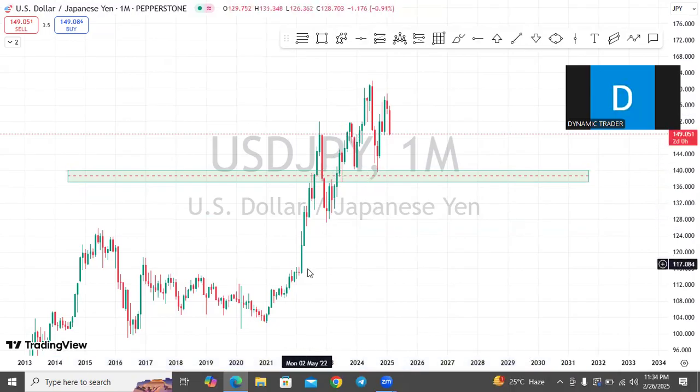So this line now is acting as support and resistance as well, because it resisted price here, it came down, then later broke above it, came below, formed another resistance here, came below, then broke above and made a retest here. So you can see the number of times the market touched this region.